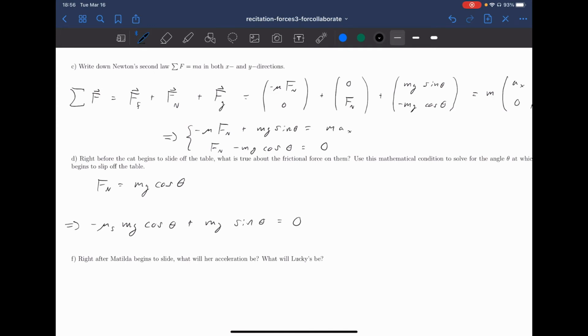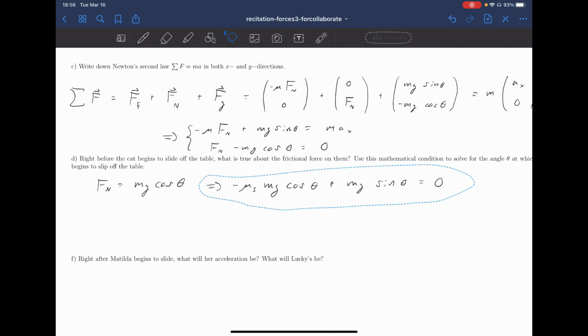Okay, so let me move that equation up here so I have some room. So that's nice. So then we can factor out an mg and cancel it with the 0, and we're left with, if we move around mu s, if we move this term to the other side, then we're left with, well, let's just do that right now.